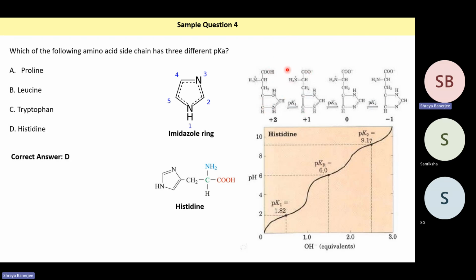The COOH becomes COO minus. After that, the side chain hydrogen is lost. This NH plus in the ring becomes NH. And finally, the main chain amine hydrogen is lost. From NH3 plus, it becomes NH2. So because it has three hydrogens it can lose, it has three different pKa. This is related to the previous class, not this class, but still, yeah.